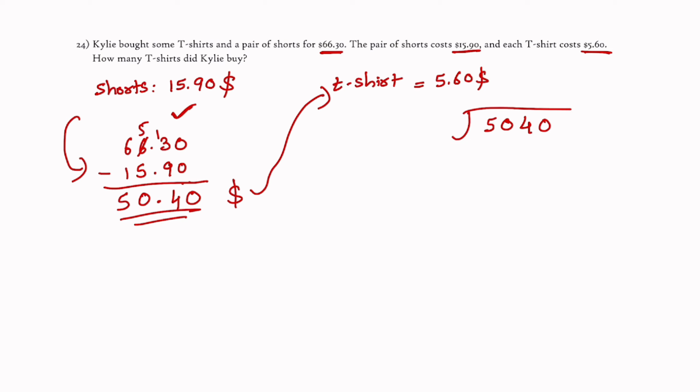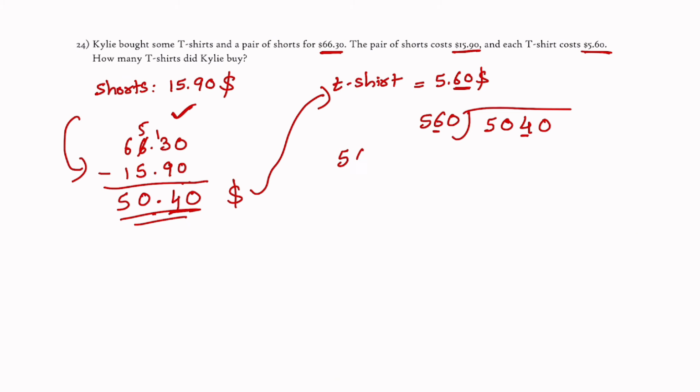5040. I'm going to treat this as 5040 and this one as 560. Two digits, okay? It's settled. 560. If it was around 5, it's bigger than 5. So let's say it's a 6. 6 times 9 is how much? 54.